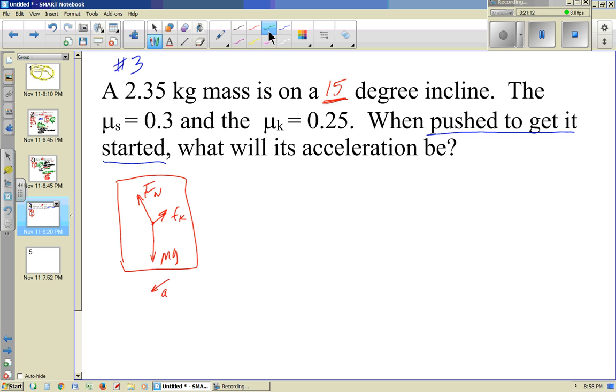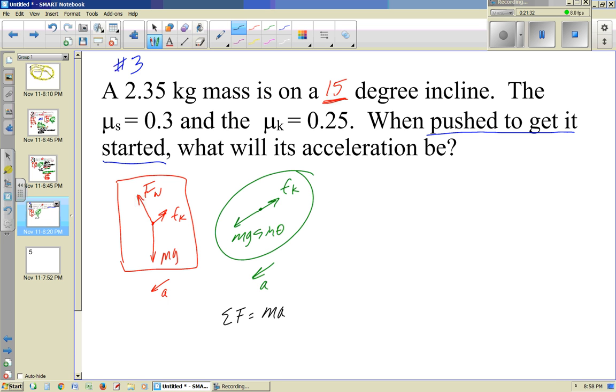So a modified version of this is going to look like so. We get the Fk uphill, and we get the mg sine theta downhill. And there it is. There's our modified diagram that we're going to take our equations off of. So net force equals ma.